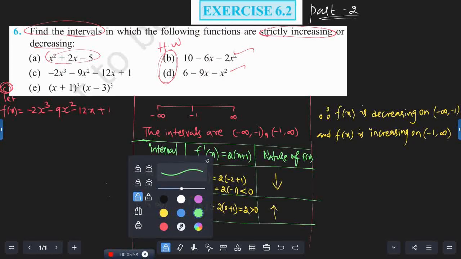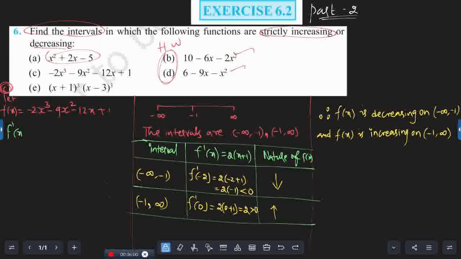So I am going to differentiate this on both sides. Children, minus 2, let it be as it is. x cube when you differentiate, 3x square. Minus 9 into x square when you differentiate, what do we get?